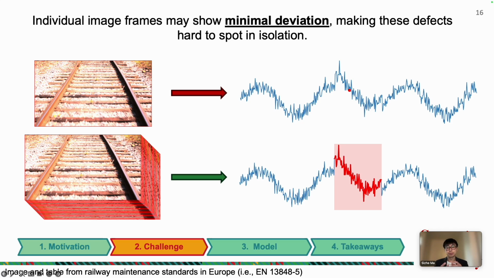To make it more visually understandable, if we analyze individual image frames independently, the visual evidence of such a defect can be minimal. This makes detection of these defects extremely difficult without considering the broad spatiotemporal context, or the trend developing over a much longer section of track.